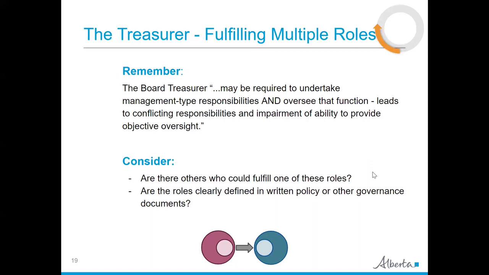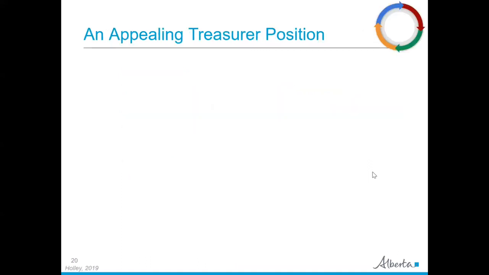Now, as we've seen throughout this series, the role of the treasurer is an important and busy position that may seem quite daunting. Furthermore, a not uncommon scenario is that the true picture of the financial management of the organization is only revealed once a new treasurer starts.